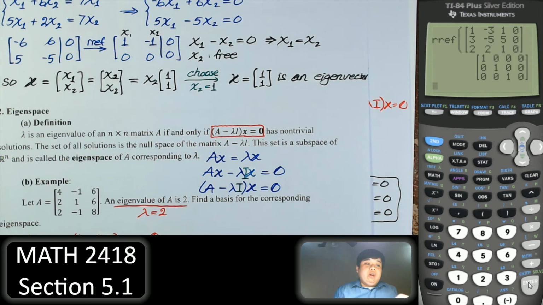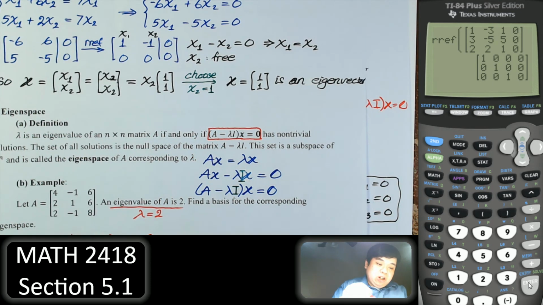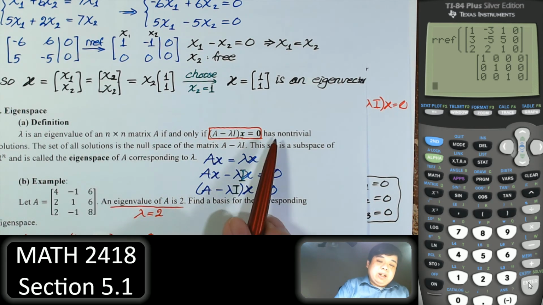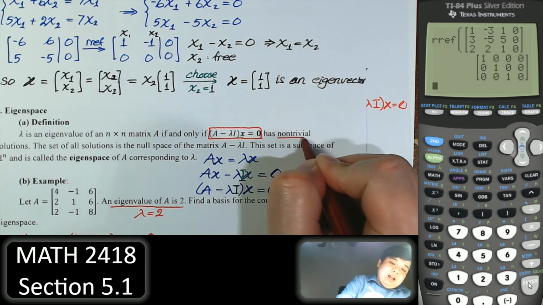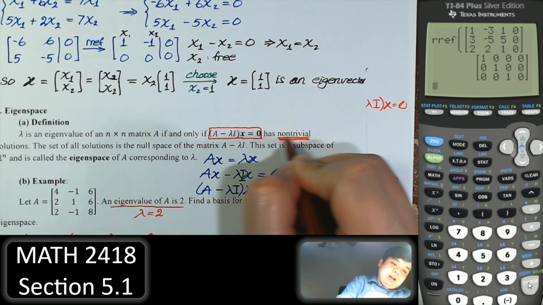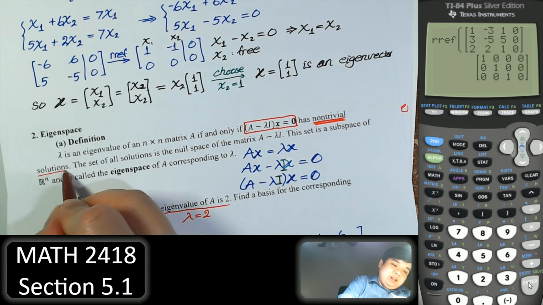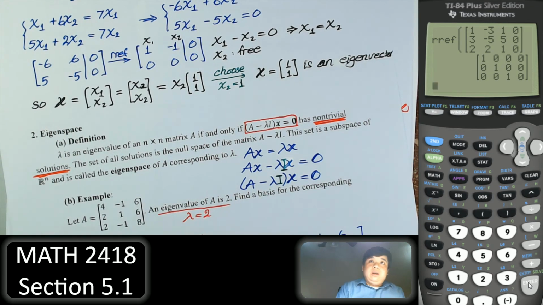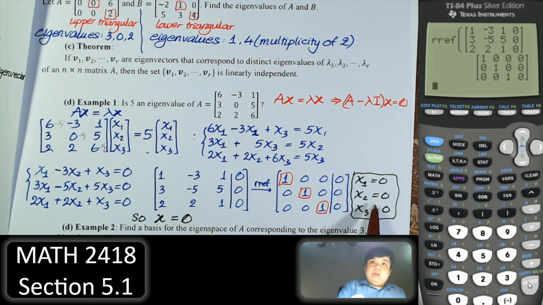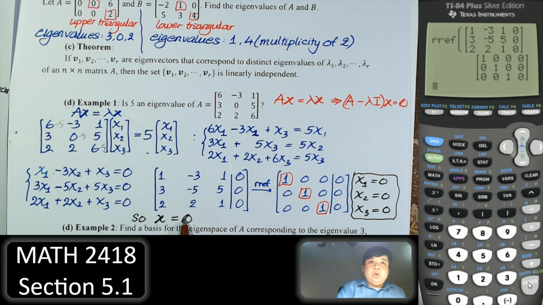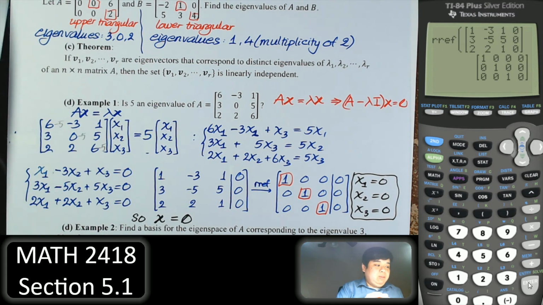And also, if we look at the previous definition, when we have this equation, we have to have a non-trivial solution, because the 0 vector solution doesn't count, right? So this is consistent.